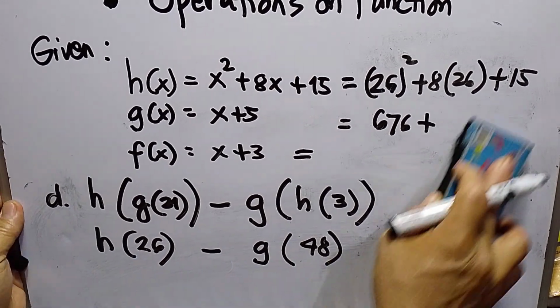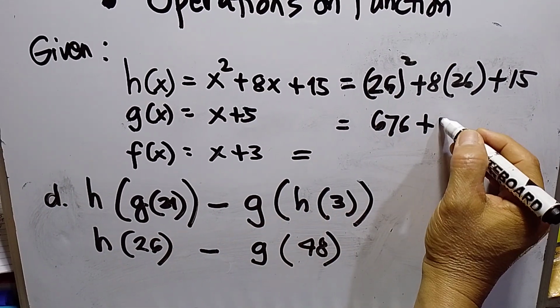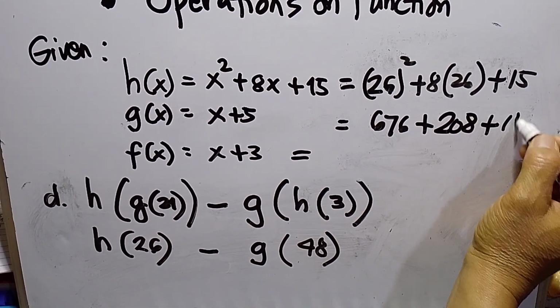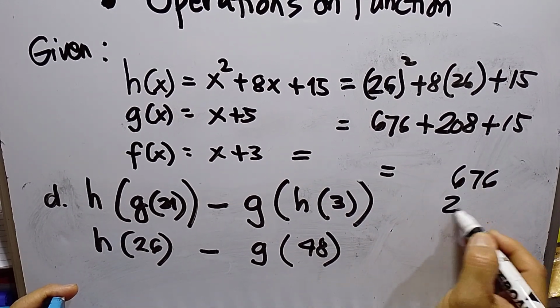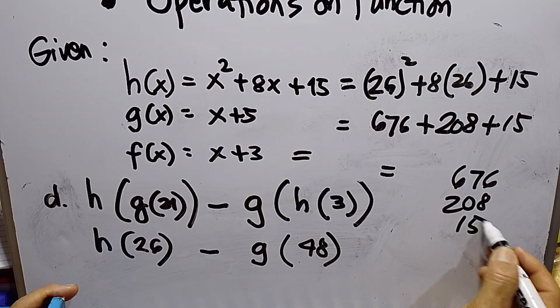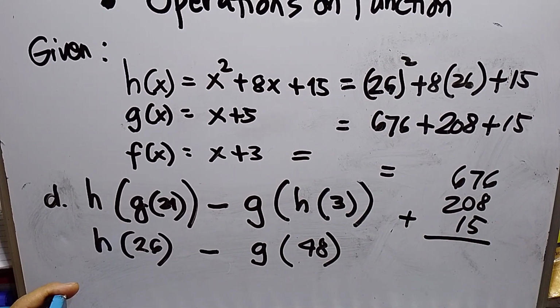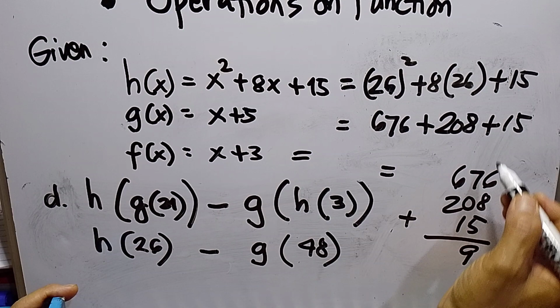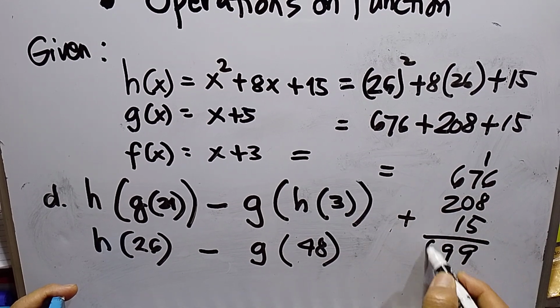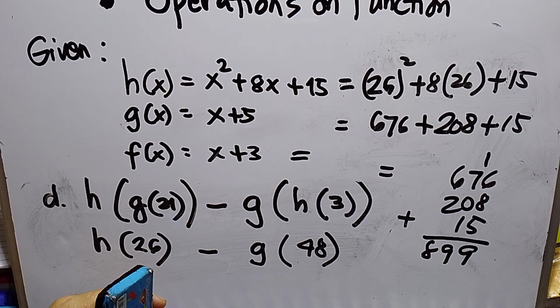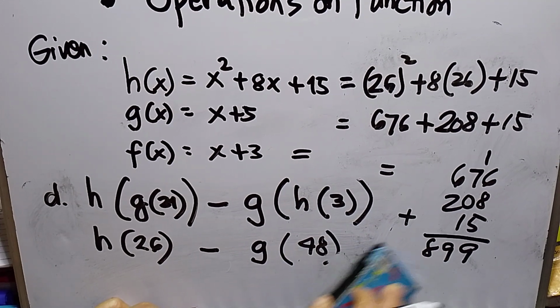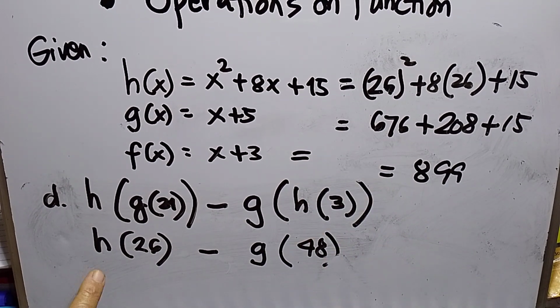So I've got 208 for 8 times 26. Plus 15. So 676, 208 plus 15. This will be 14, 19, carry 1, 9. This is 8. 899. So I've got 899 for h when x is 26.